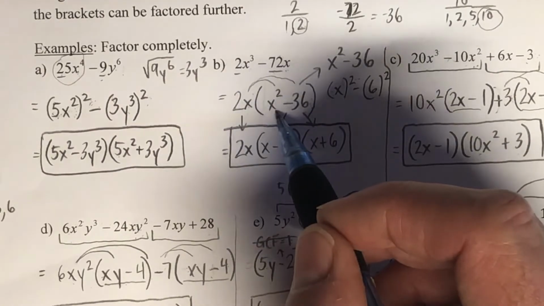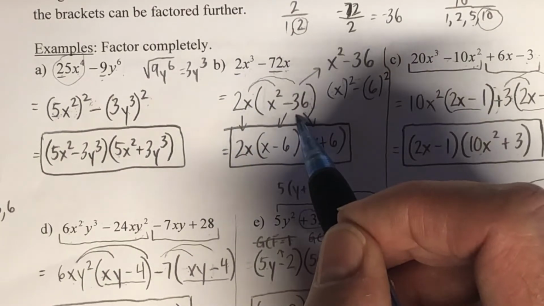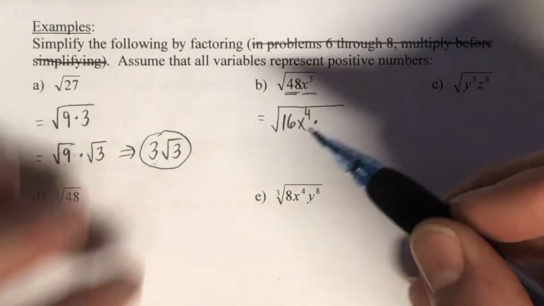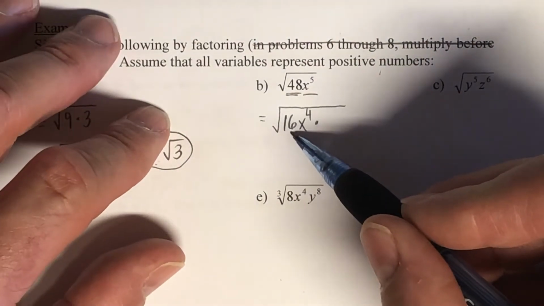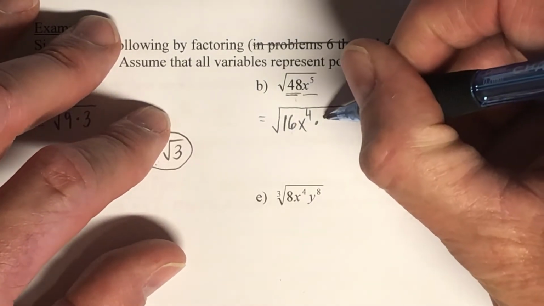So 2x times what is 2x to the 3rd? We figured that out right here. 2x times what is equal to negative 72x? We figured that out right here. And it's done in the same way, where you have 16 times what is equal to 48. Well, 16 times 3 is 48.